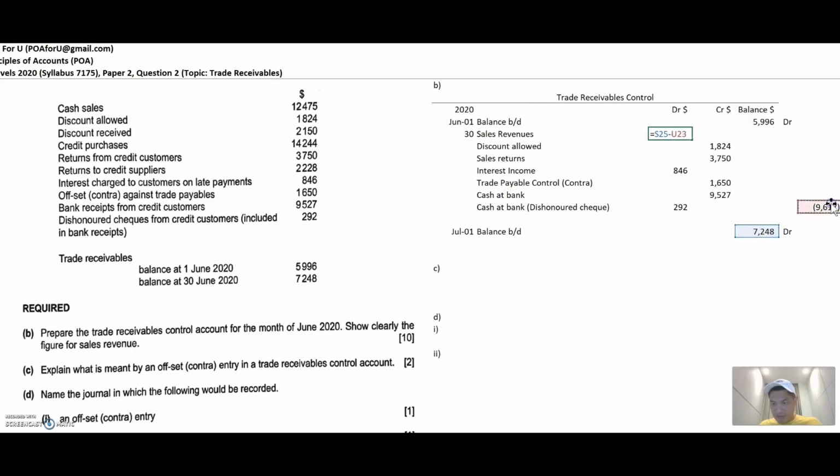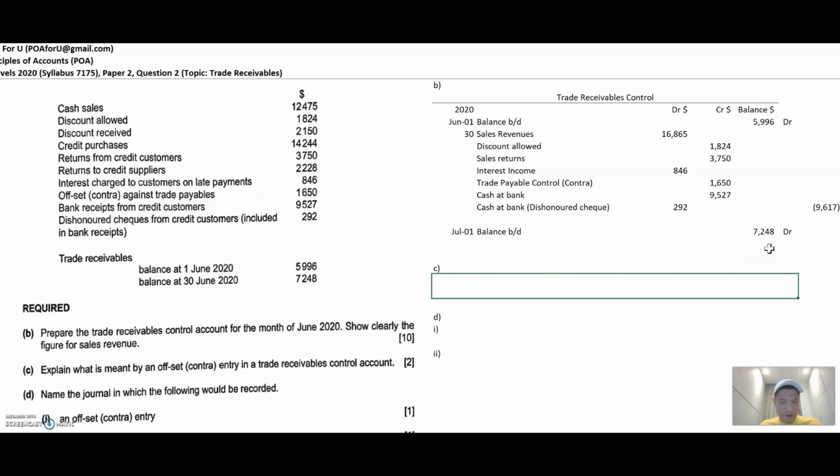And in here my formula I put minus because this is a negative sign anyway. 9617, that is my trade receivables sales revenues number, which is what the question is also saying. Show clearly the sales revenue number for the period. So that's my answer. Okay, and that's that part of the question.